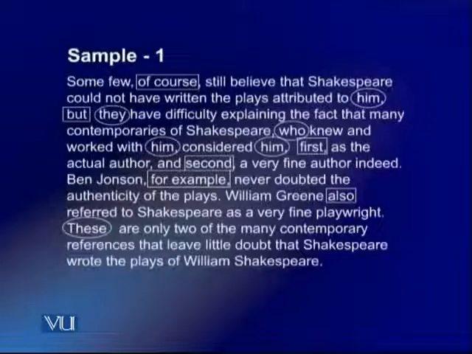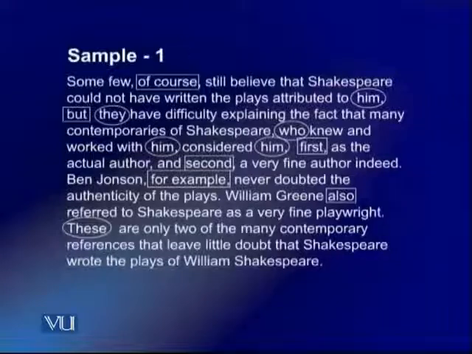And the word they, the next circled word, who does they refer to? But they have difficulty explaining the fact. Who are they? If you go back and read, some few. So the second word that is circled, that is they, refers to those some few.